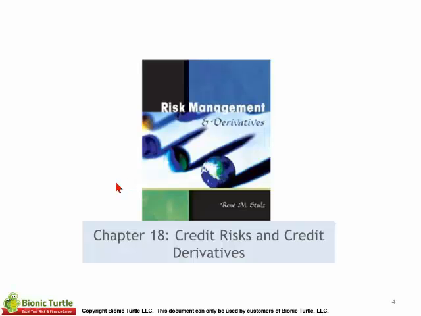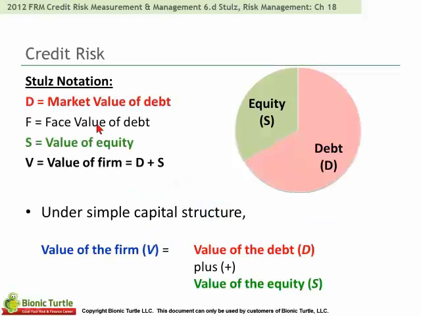With Chapter A, Stulz on credit risk and credit derivatives, we go back to, again, in the Stulz text, frankly, not a lot of imagination here because he's constantly going back to and inheriting the Merton model, right? So that simple Merton model treats the firm in a two-class structure with equity and debt.